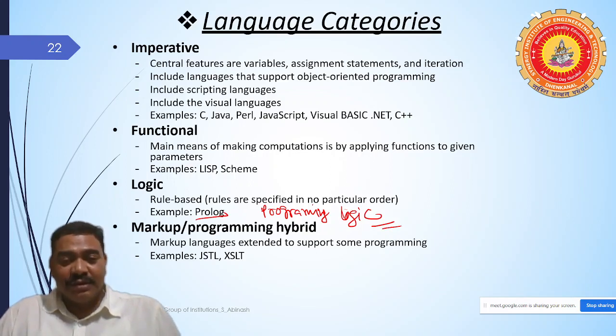Markup language, you know, is for website design and for standardization of data which will be transmitted over a network. Markup languages are basically tag languages, for example HTML, hypertext markup language. These languages were designed later.